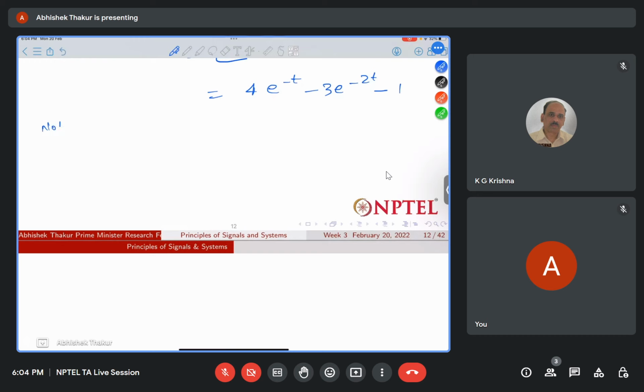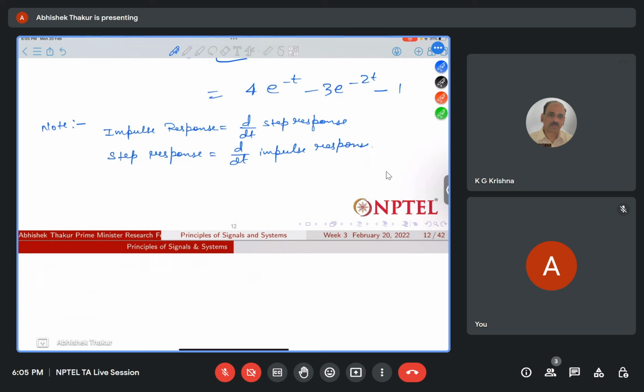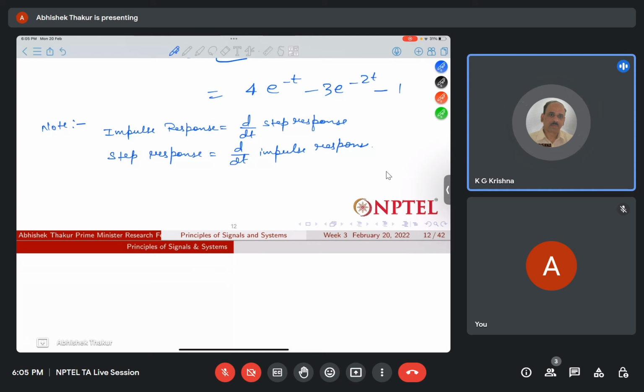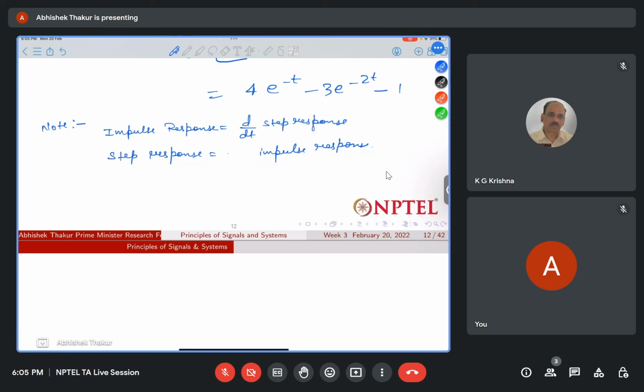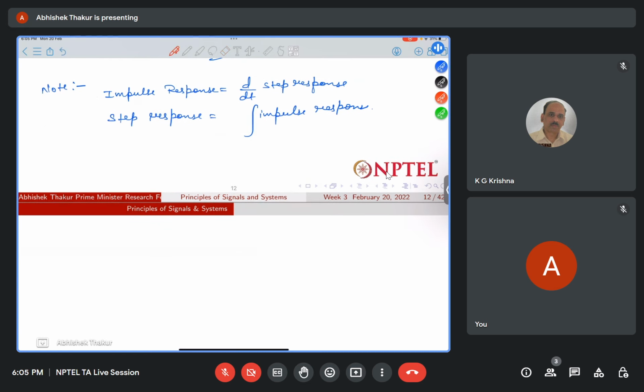Just a note point: impulse response is equal to the derivative of step response, and step response is equal to the integral of impulse response. Sorry, thank you for correcting me.